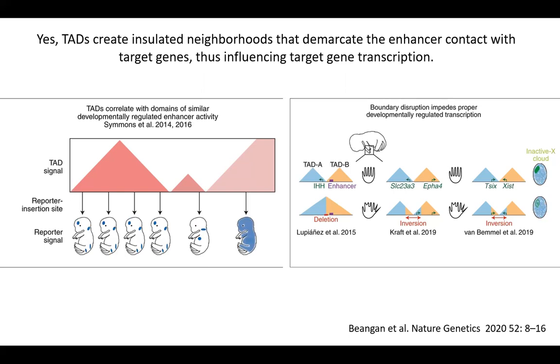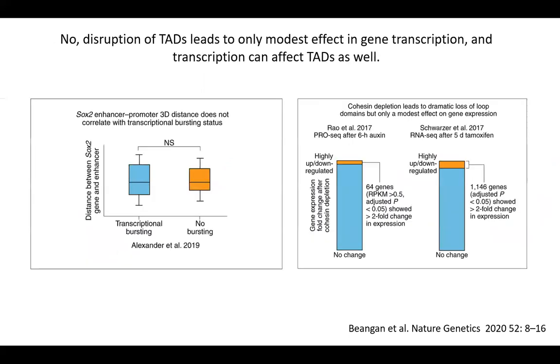Similar experiments were done with inversions, and they also saw gene expression change and developmental change as well. So it seems like there were enough studies that tell us that at least there is something going on here.